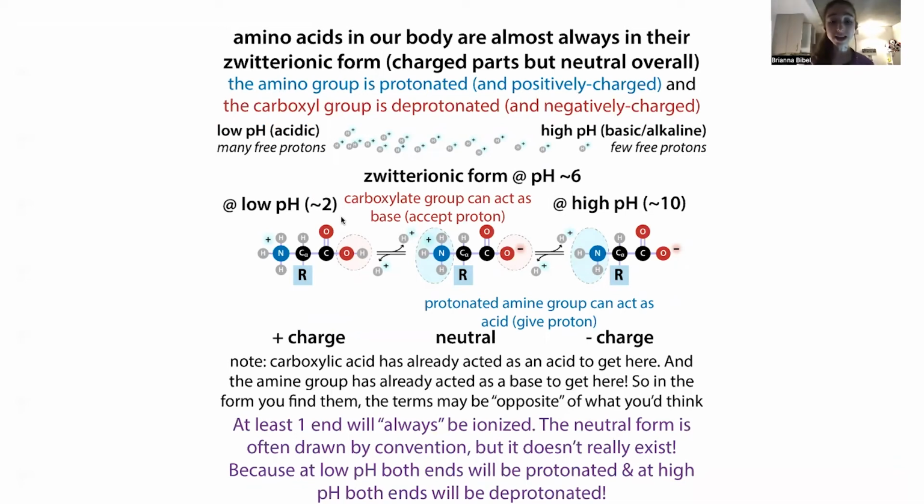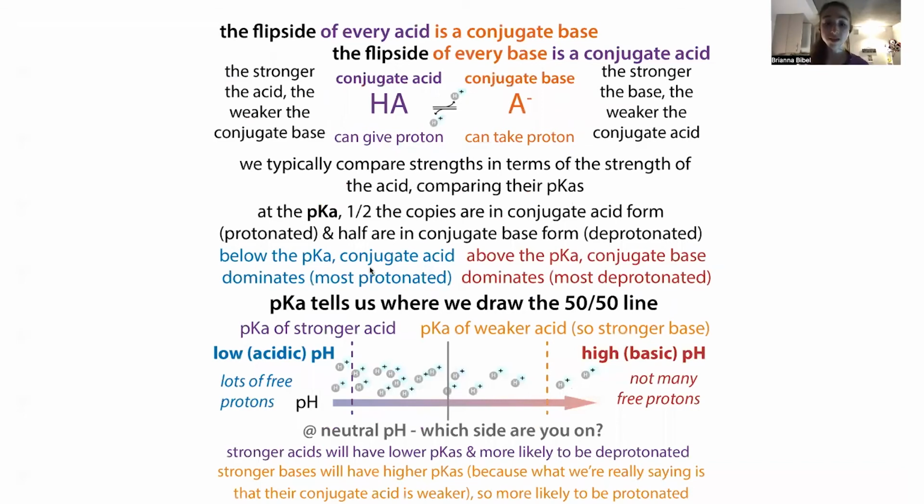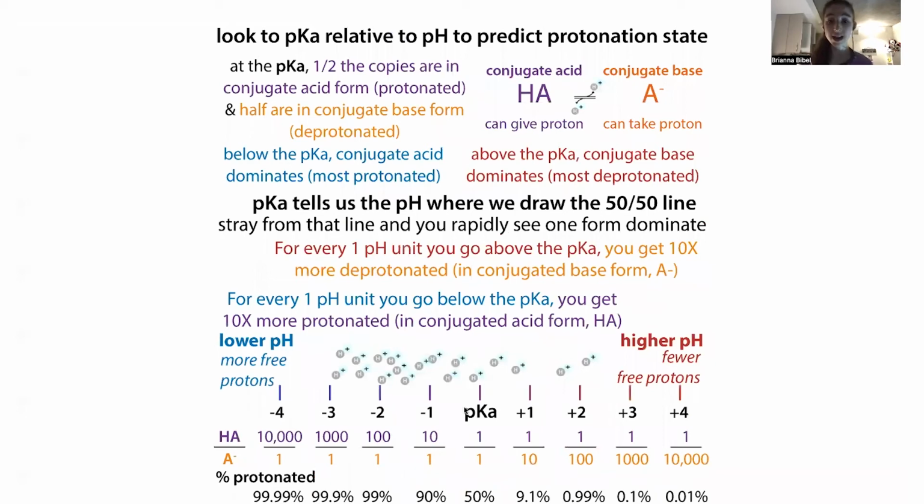Remember, the pKa is the pH at which half of it is going to be deprotonated. If you go to a place where there's fewer protons available, so higher in pH, and 7.4 is much higher than 2, then we're going to be deprotonated. In fact, we're going to be way deprotonated, because each pH unit represents a 10-fold difference in the amount of protons. So in your body, this is going to be deprotonated.